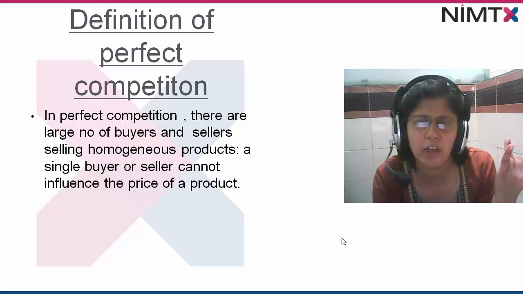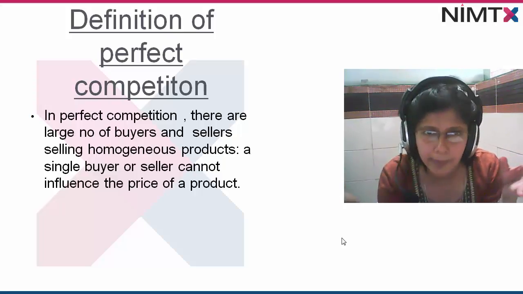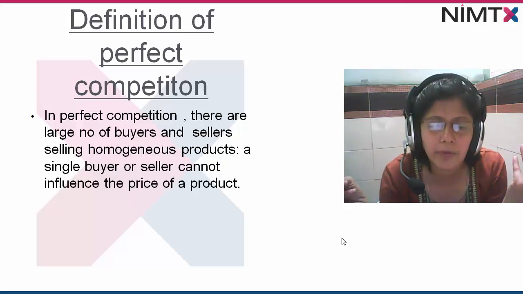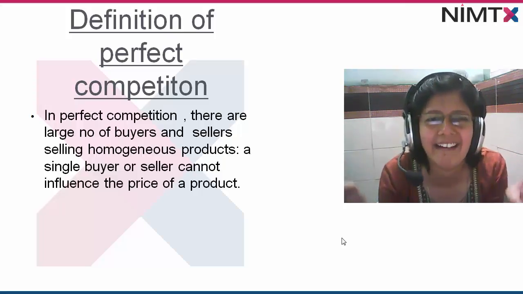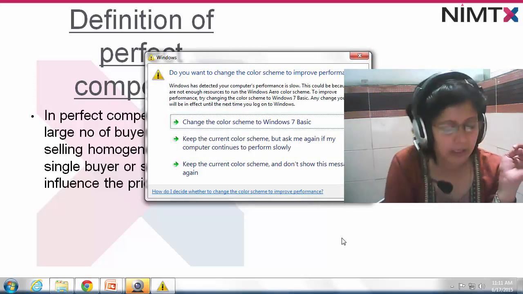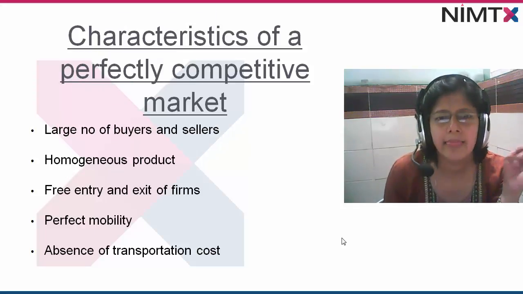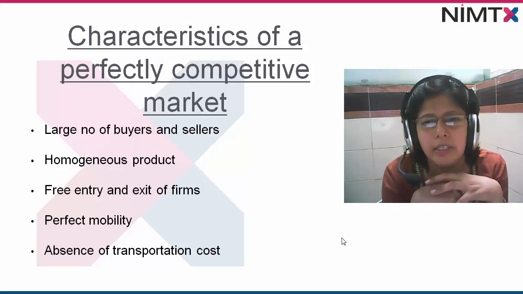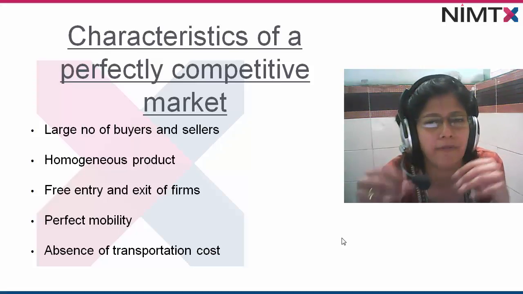Some are selling at a low price, some are selling wheat at a higher price. That is the definition of perfect competition. That means everybody has a right to entry and exit according to their profit maximization.